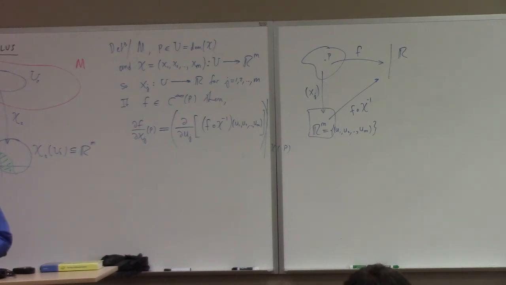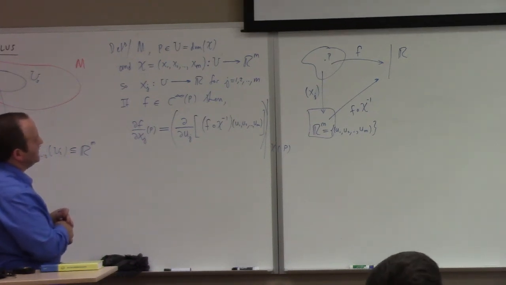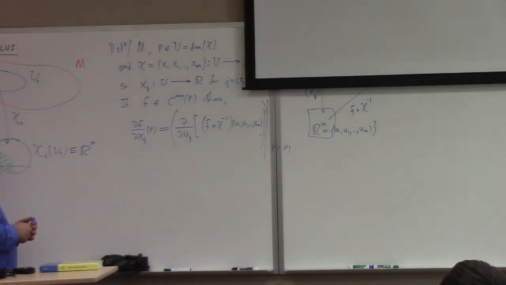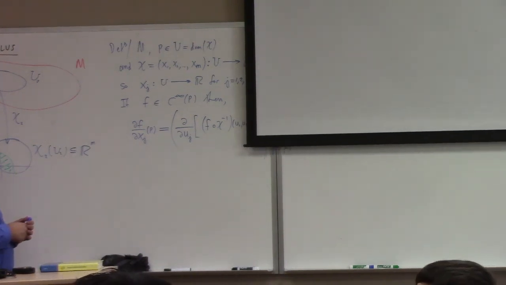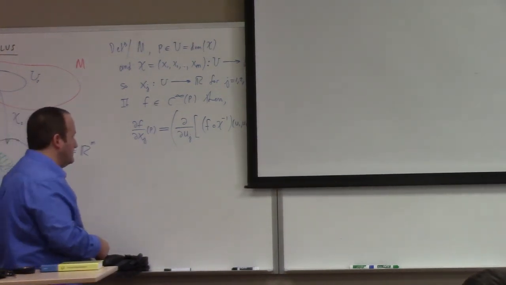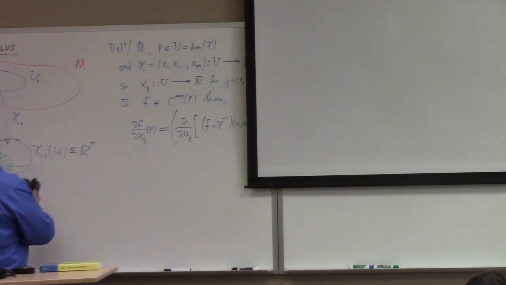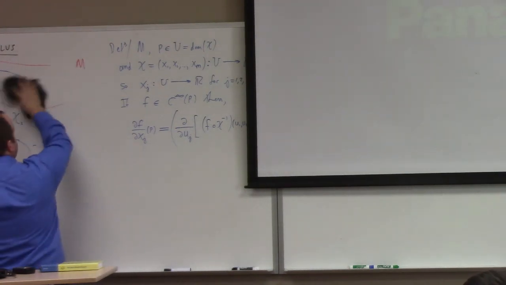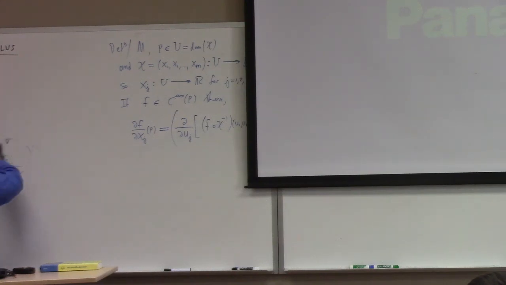So yeah, xj is just like one of the chi's. Right. I almost got it. When you said the definition, you said M and P is an element of U, which is the domain of chi, and chi is x1, comma, xi, comma, dot, dot, dot, xm.